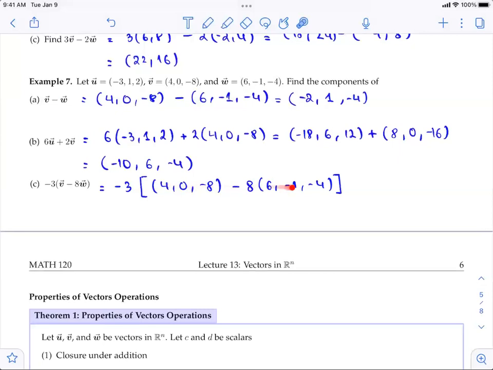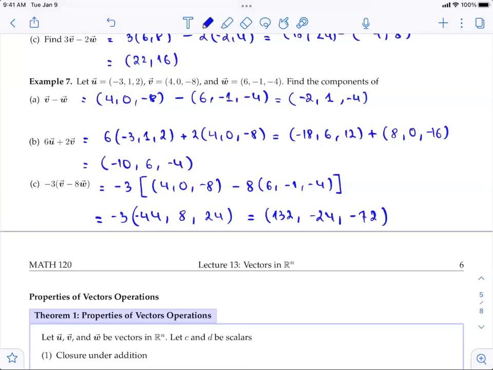So the vector that you're going to obtain inside the bracket is, if you do the calculations correctly, you get -44, 8, 24, and now you do the scalar multiple of -3, you get 132, -24, -72.